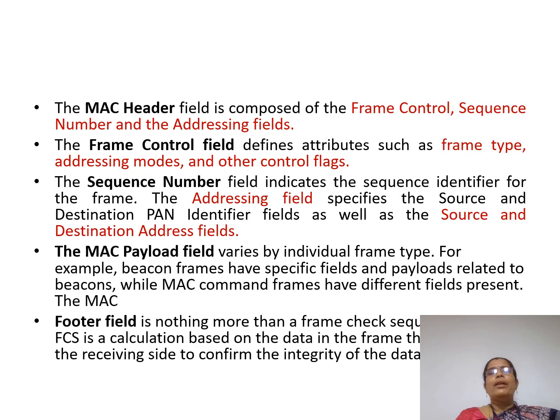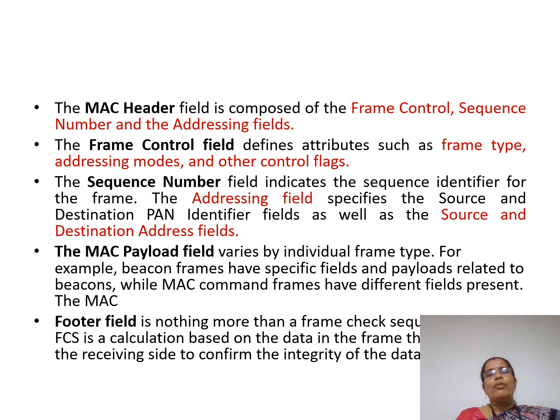The MAC header field consists of the frame control, sequence number and addressing fields. The frame control field consists of the frame type, addressing mode and other control flags. The sequence number field indicates the sequence identifier for the frame. The addressing field specifies the source and destination PAN identifier fields and the source and destination addresses. The MAC payload field varies by individual frame type.